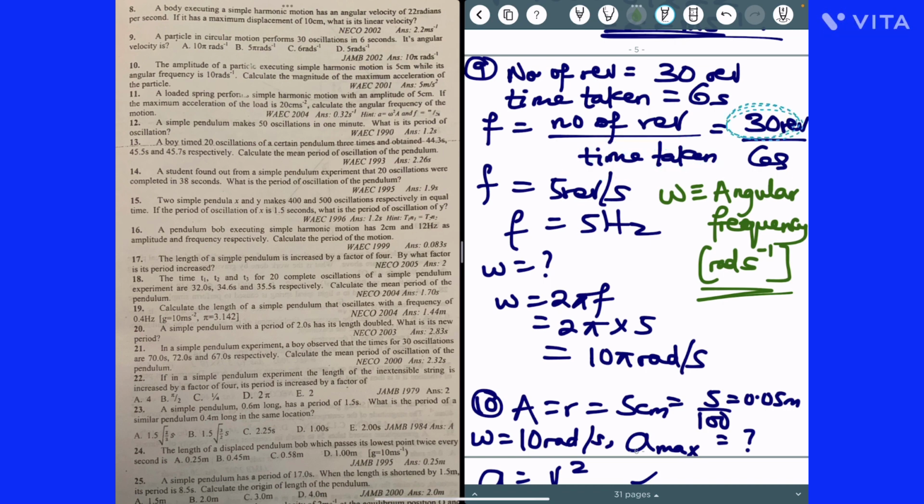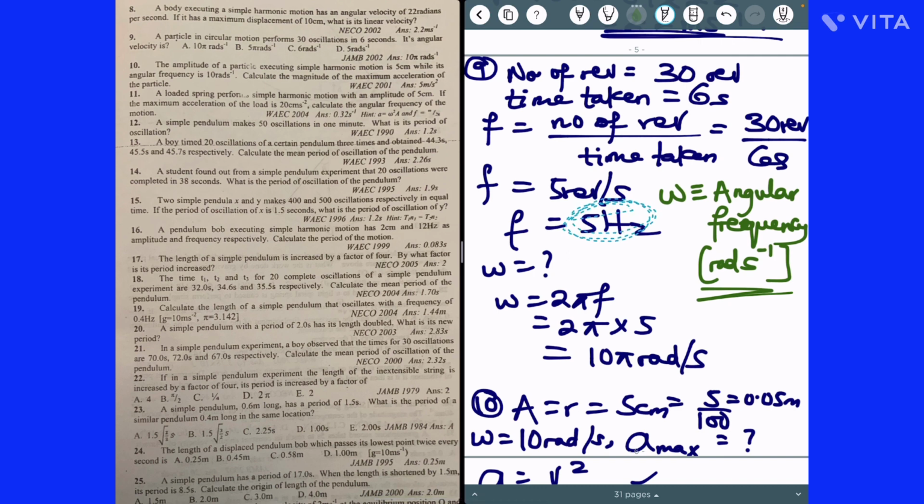That gives us 30 revolutions divided by 6 seconds. So the frequency of oscillation will be 5 revolutions per second, which is the same thing as 5 hertz.